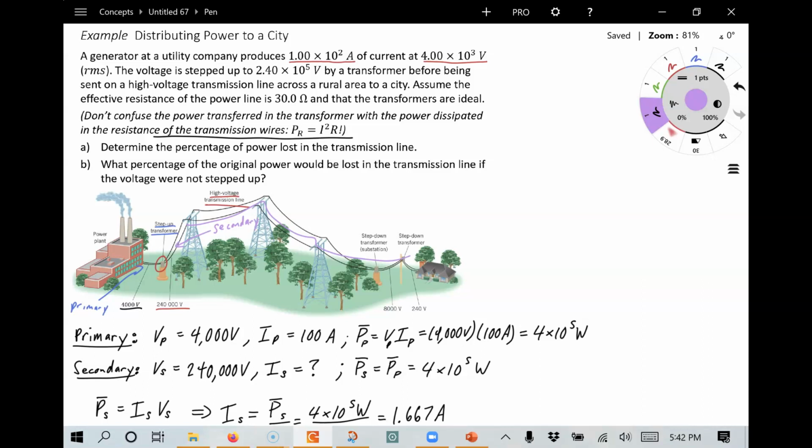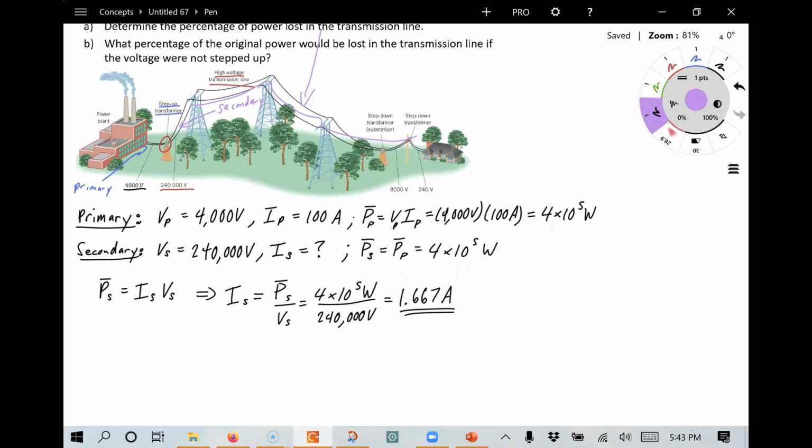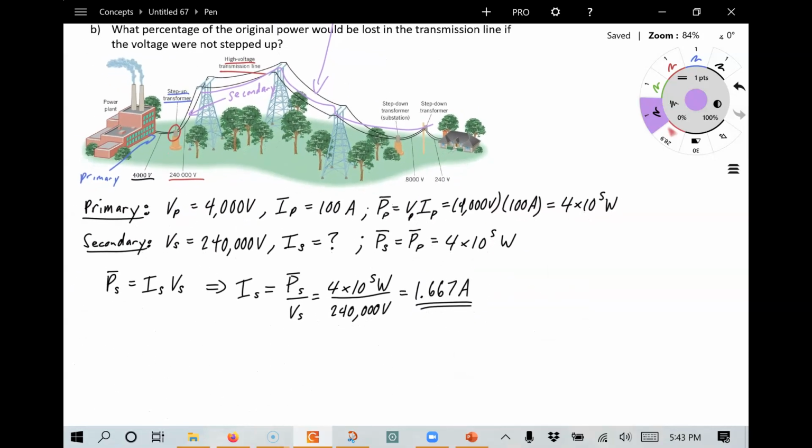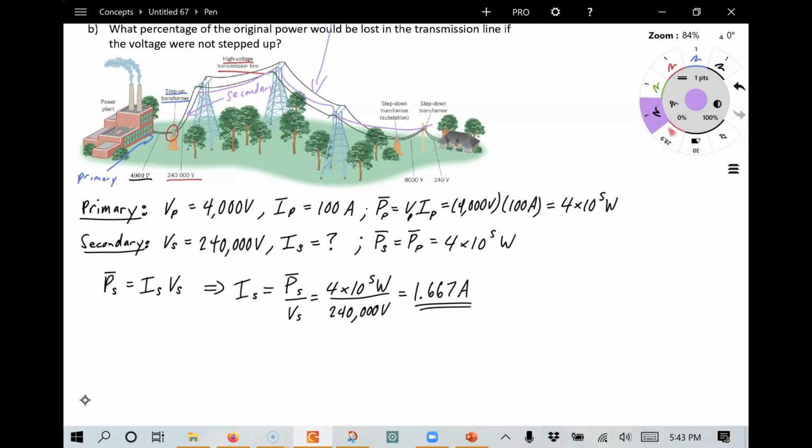And so when we're looking at the heating of the transmission wires, we have to be sure that we use the equation for the power dissipated by a resistor. And so there it is. So this is the power lost because it's dissipated in the resistor.